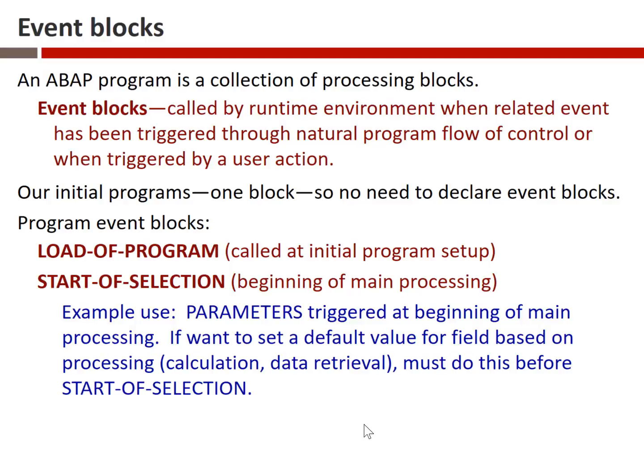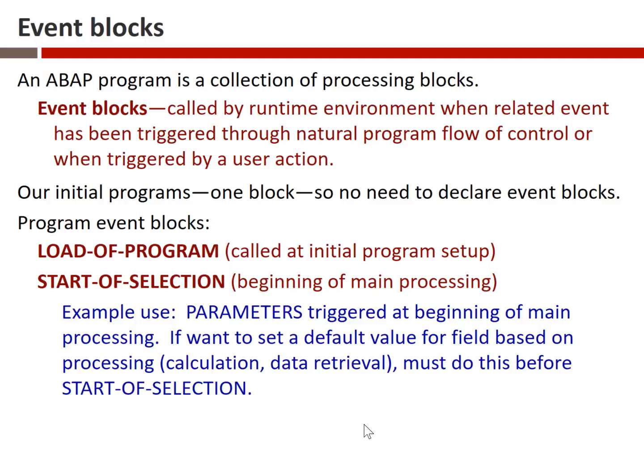So what has to happen here is the parameters field is painted on the screen of program block. So if we want to influence that, we are going to have to insert our own load of program block and do something with it to control this.